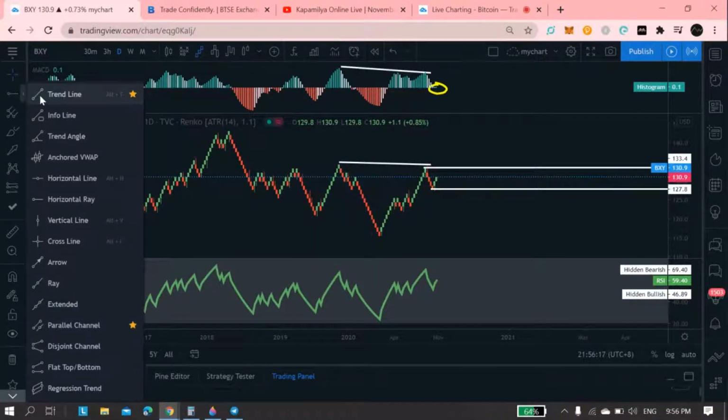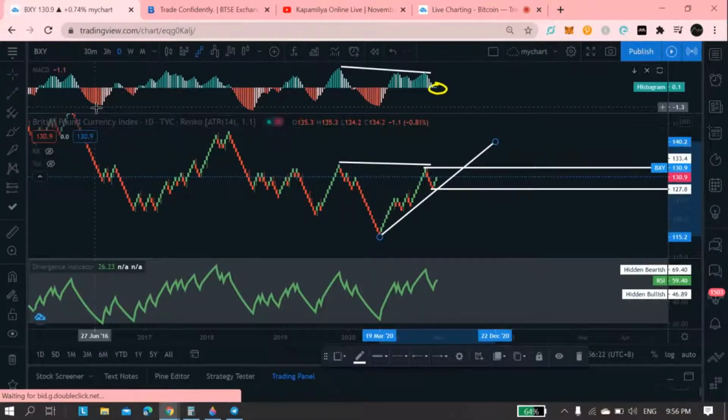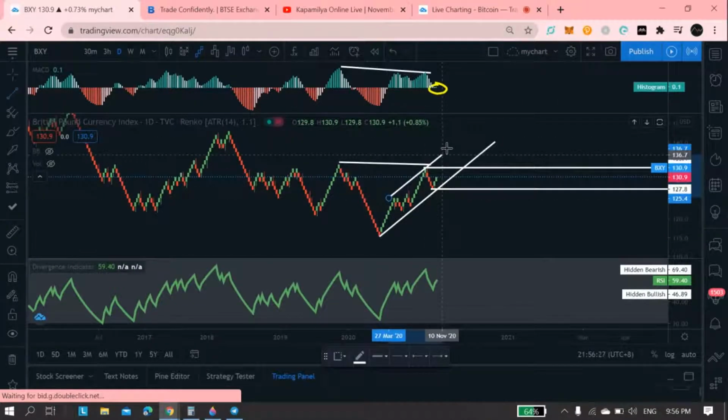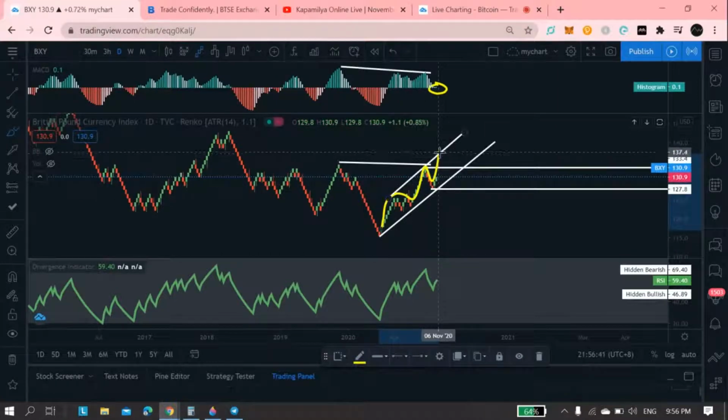Anyway, let's also plot the trend, just the short-term trend. It's trading at this area, so it might possibly break this 133 area. I think I'm more neutral because the MACD is a possible red.